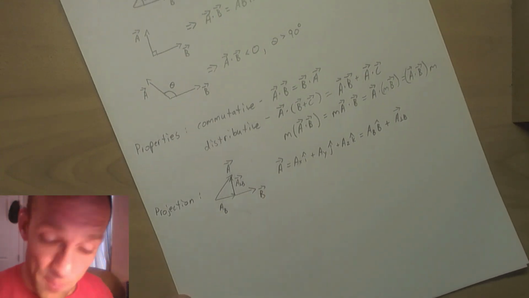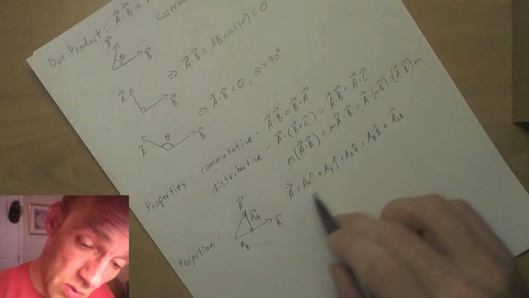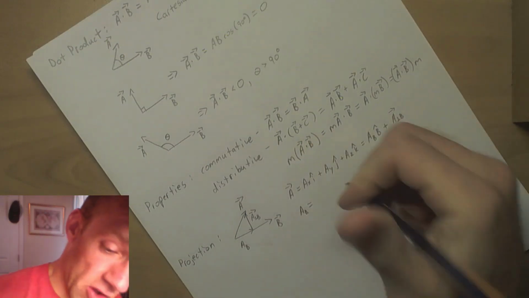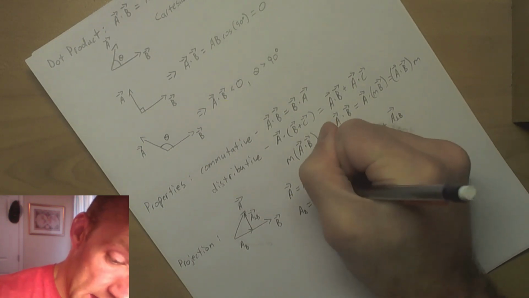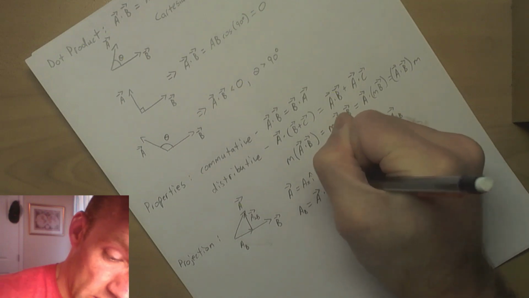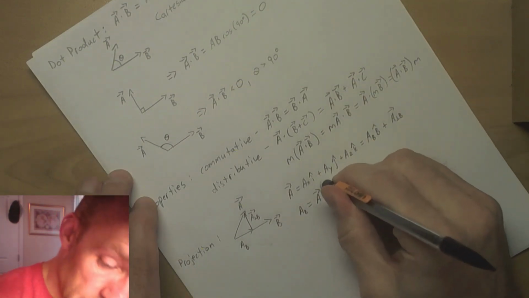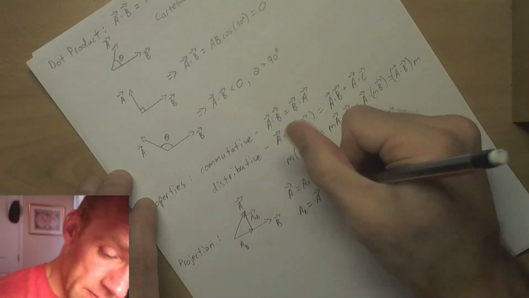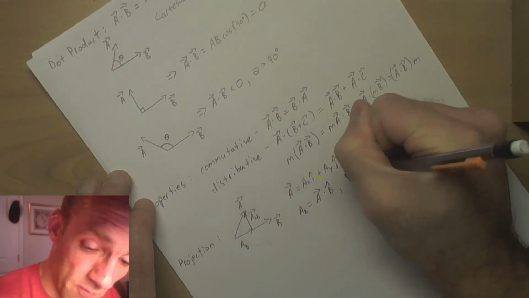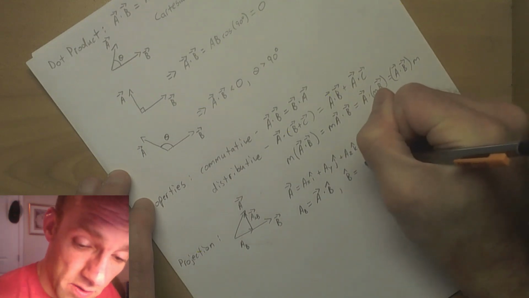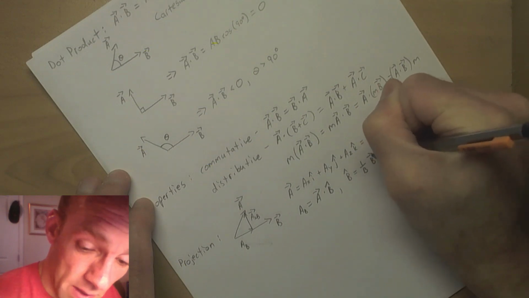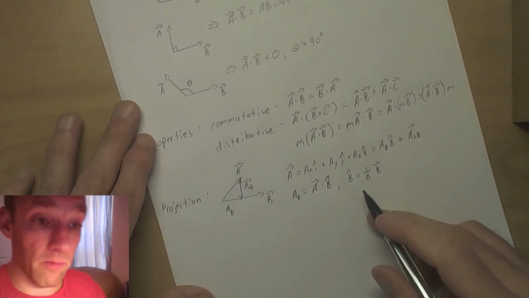Okay, and so to do this, this component A in the direction of B is literally just A dotted with the unit vector in the direction of B. To find the unit vector in the direction of B, that is just the vector B divided by its magnitude, right?